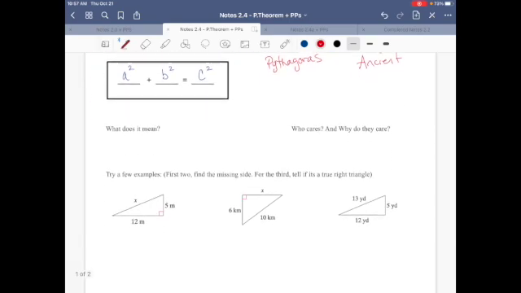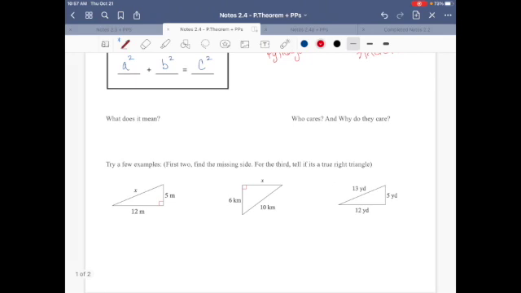And it has some pretty big implications, right? It means we can calculate distance, and we'll get into that in a minute. It means we can also calculate 90 degrees, which has huge implications for architecture as well as map making.